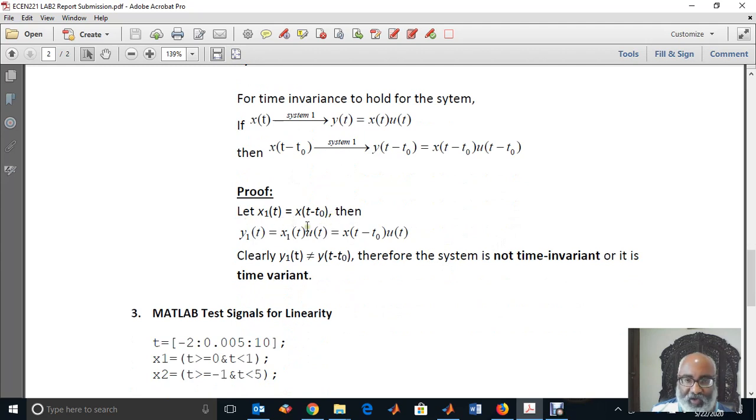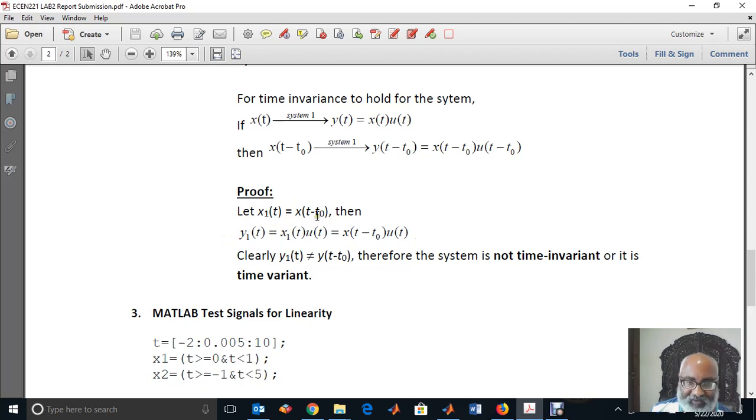In this case, I just delayed the input first and then passed it through the system. So what is y1 of t? y1 of t is x1 of t times u of t. What is x1 of t? It is the delayed input. So we substitute the delayed input, which means y1 of t is x of t minus t naught times u of t.